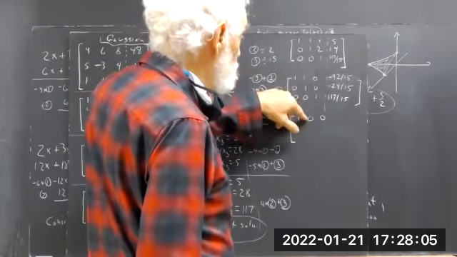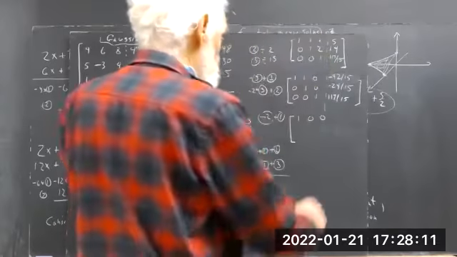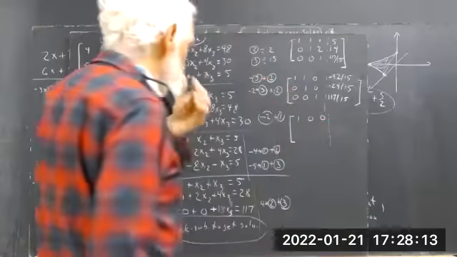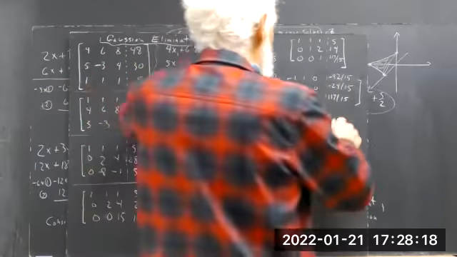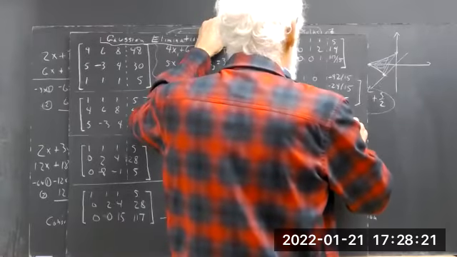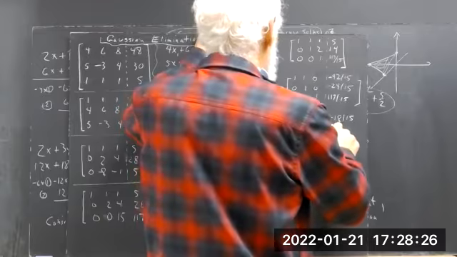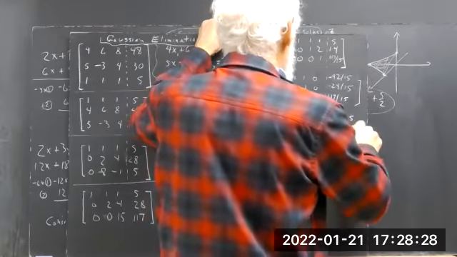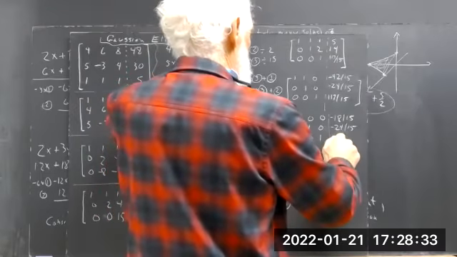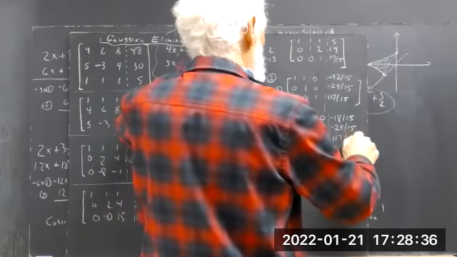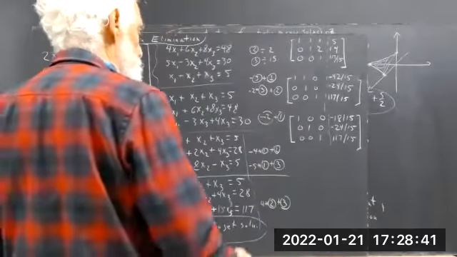Negative 1 added to 1 gives me 0, and negative 1 times 0 is still 0, added to 0 gives me 0. So all I've got to do is add the negative of this to this, and that's negative 18 over 15. This is negative 24 over 15 because it hasn't changed. And right there is my solution.